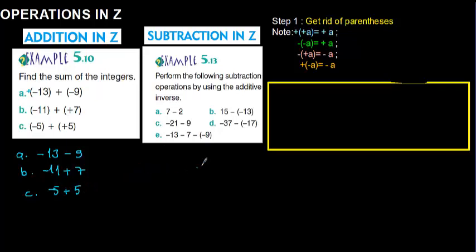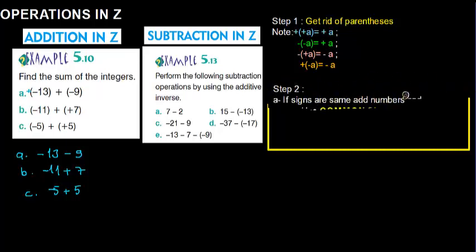Firstly, I leave the parentheses. And in the second part, I'm going to add or subtract them with respect to their signs. I explain it like this here. If the signs are the same, add the numbers. If the signs are the same, here it is minus and minus, and it can also be plus and plus.